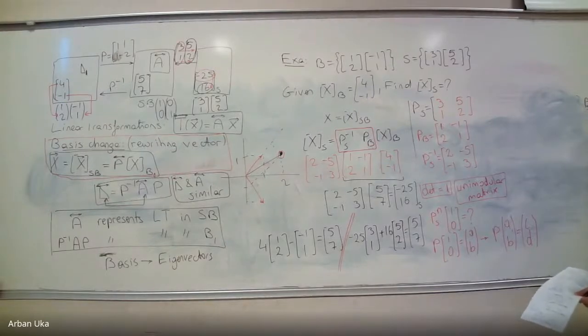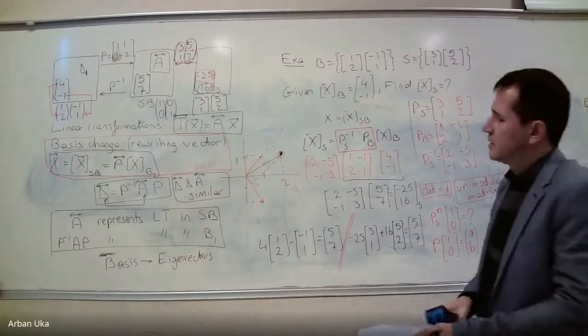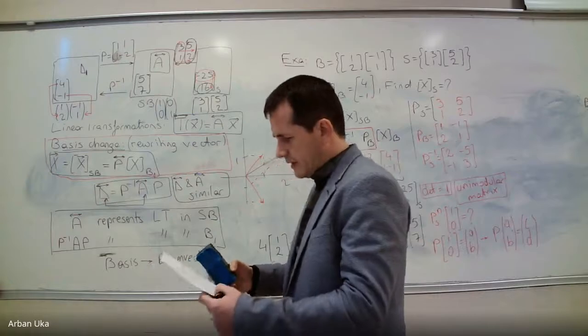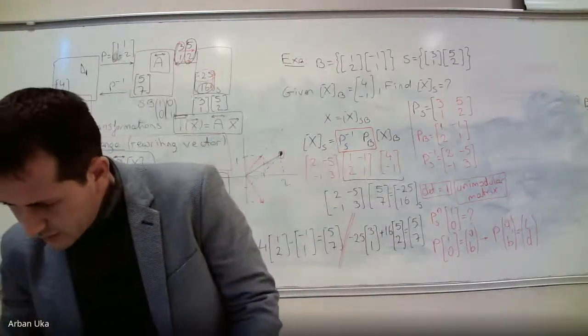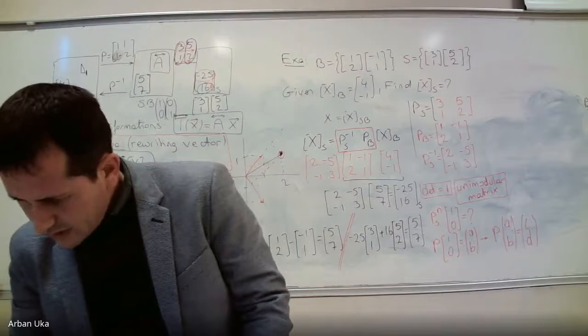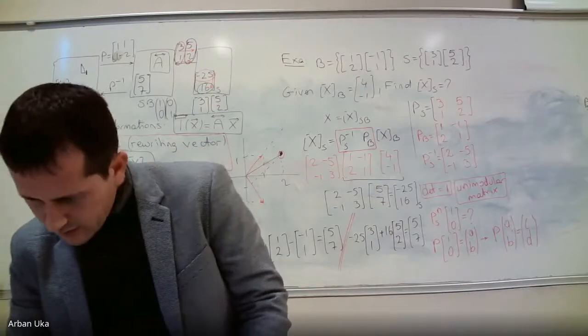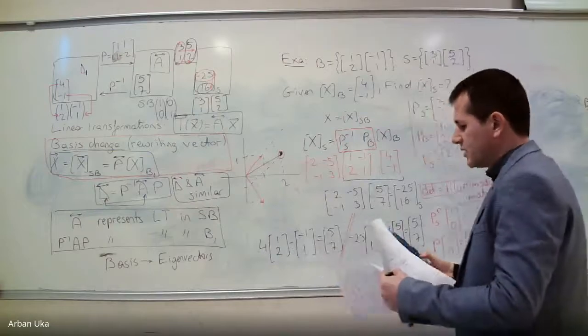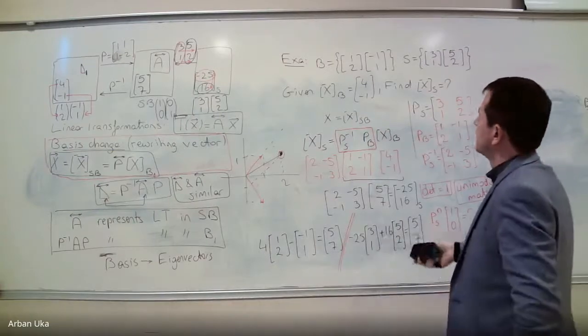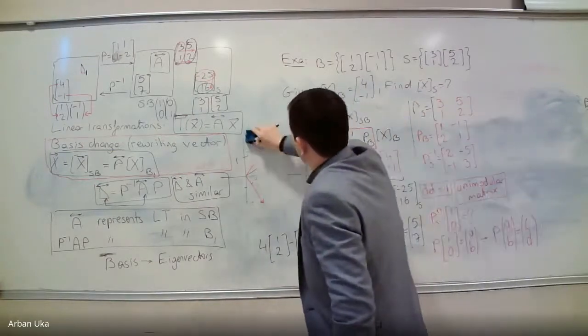Determinant is equal to 1. And let's move to the next topic, which will be the discussion of the linear transformation change of basis. So allow me to erase this one.